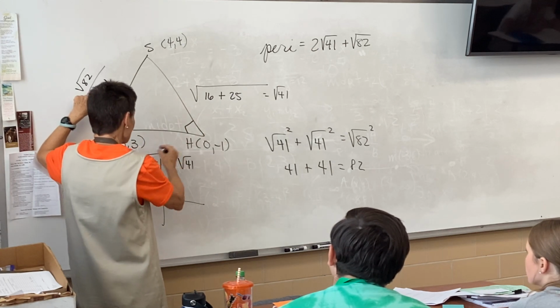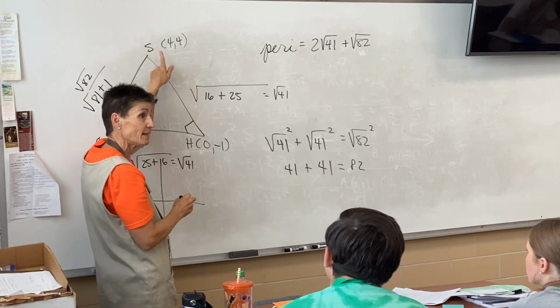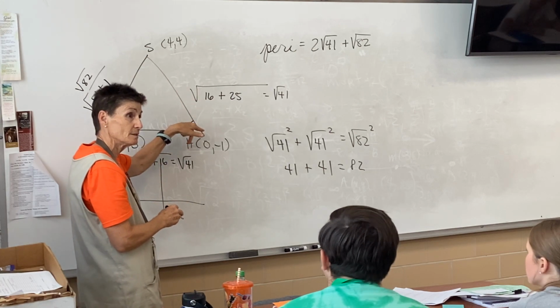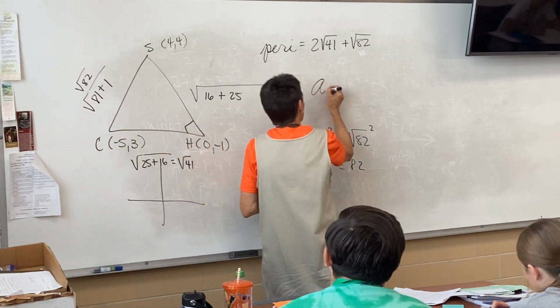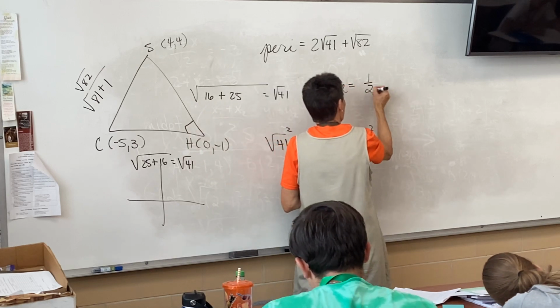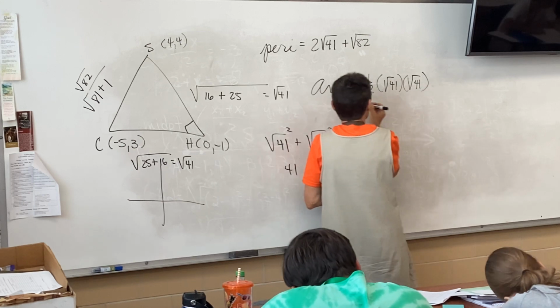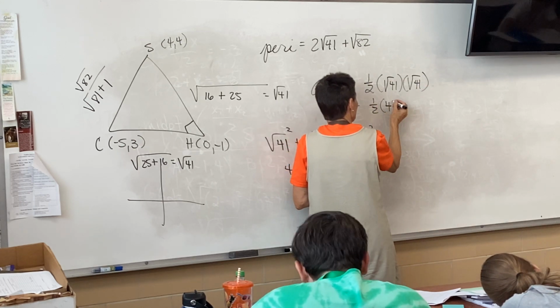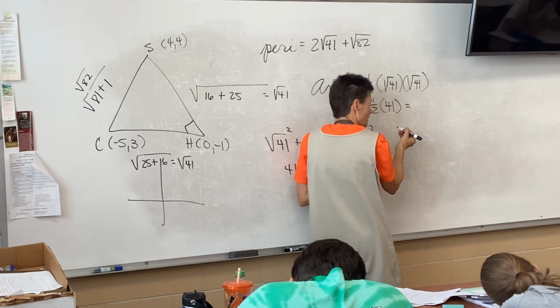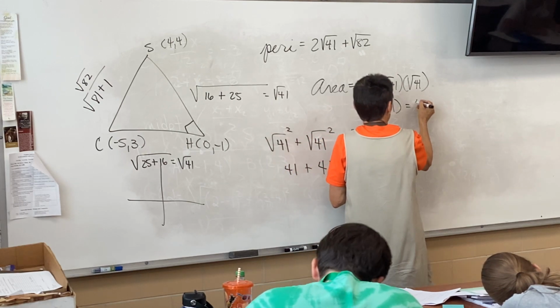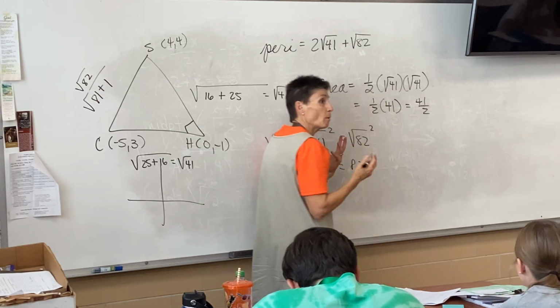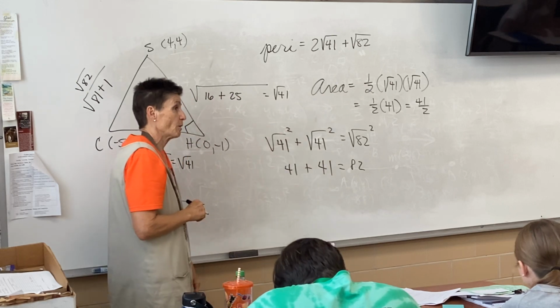So my base is root 41 and my height is root 41. So my area is one half root 41 times root 41, which is one half of 41, or 41 halves, or 20.5 square units.